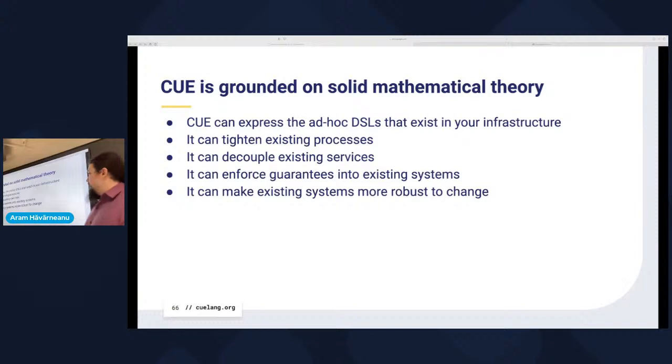You can actually semantically reason about those things in Q itself, and that can help with all kinds of things, like it can decouple services, because you know exactly what's the important part, and you can ensure that part doesn't change. Put more guarantees into things, but all in all, it just makes systems more robust to change.